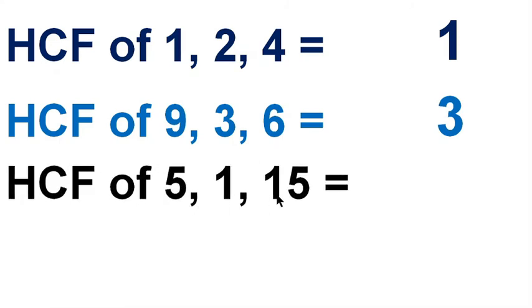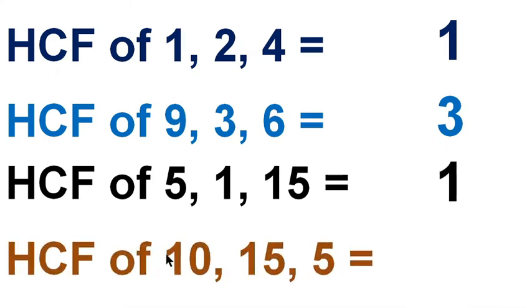Here 5, 1 and 15, 1 is smaller and 15 is divisible by 1 and 5 is also divisible by 1, so our highest common factor is 1. Here 10, 15 and 5, 5 is smaller and 15 is divisible by 5 and 10 is also divisible by 5, so our highest common factor is 5.